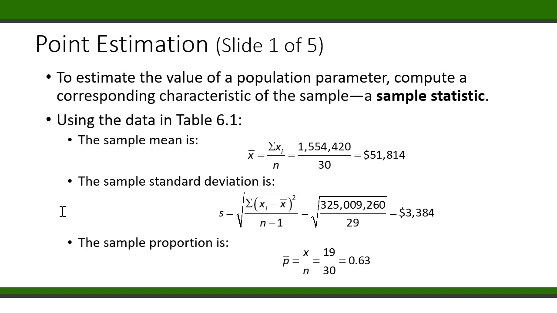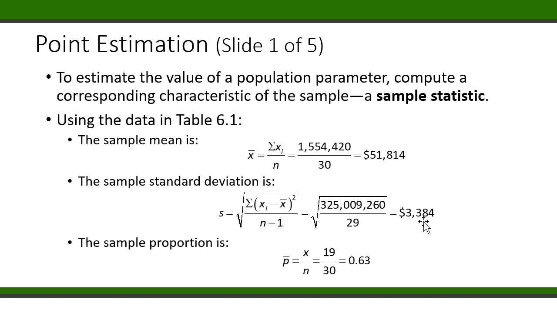The sample standard deviation is, we look at each value, subtract the mean from it and square it. Then we divide by n minus 1, so 30 minus 1 is 29. We get the summation of those values here, divide by 29, then take the square root of that, and that's our standard deviation.